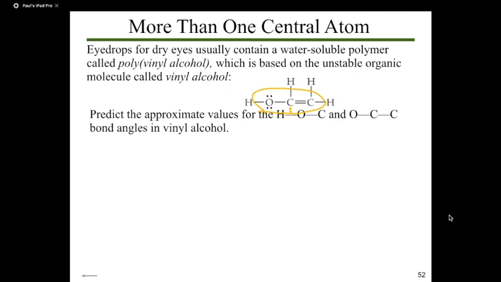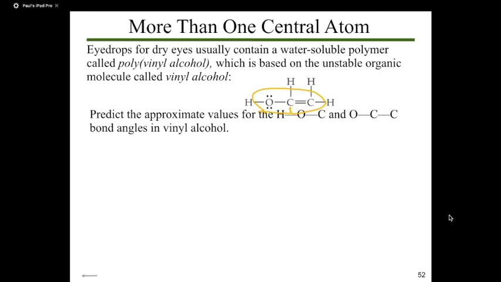Do I have any non-bonding pairs? No. So it looks like this, right? All right. What would the approximate angle be? Well, let's see. It's 120, but would it be perfectly 120? No. It would be just slightly less, because why? Double bond. Okay? And so I could do some sort of questions like that.